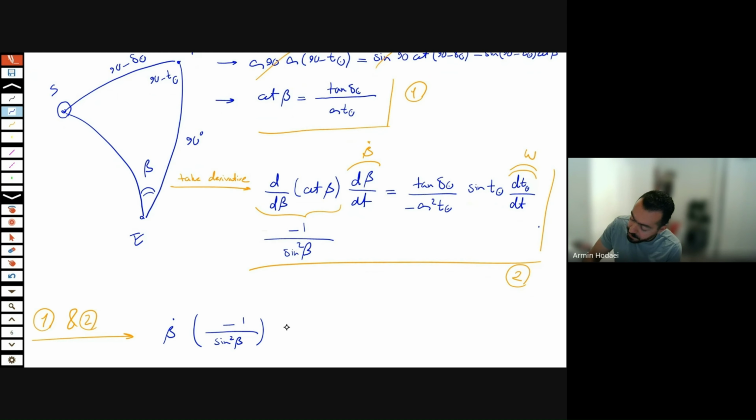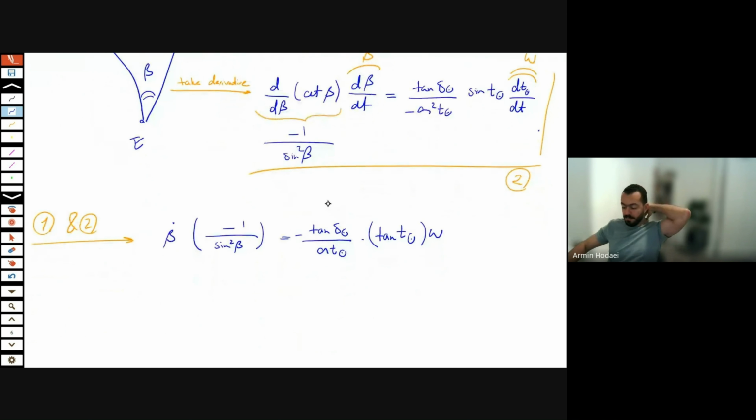So do you guys agree that I can write this as cosine times, I have a negative tan times omega, something like this. Is that correct? Yeah.